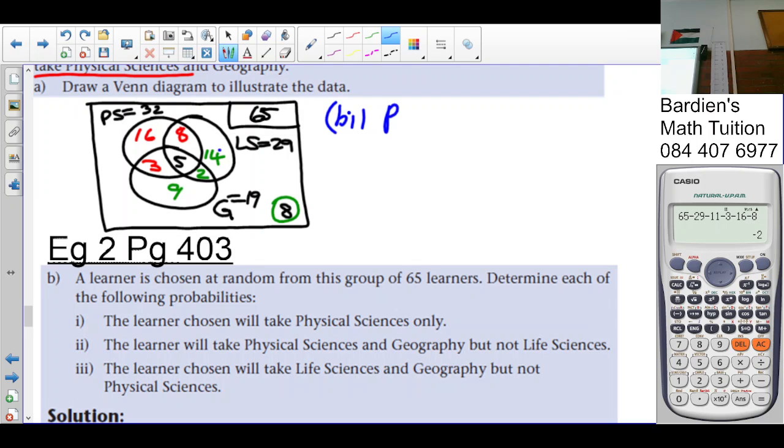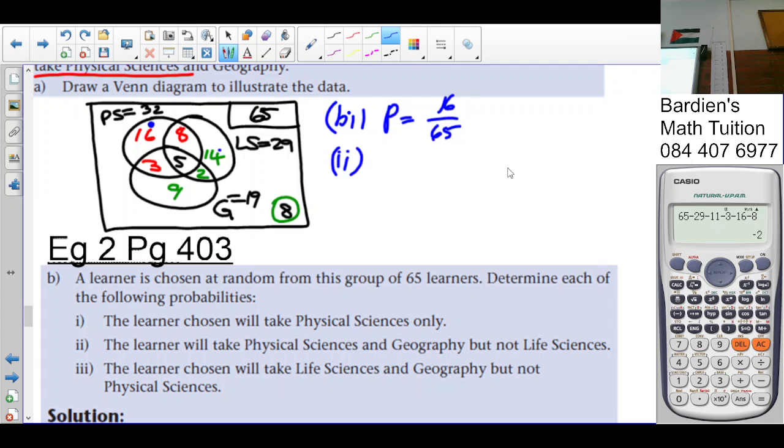The probability for physical science only is 14 over 65. 16. Why 16? Why am I even looking at 16? So 16 over 65. Sorry, man. Okay, is that in the simplest form? Yes?